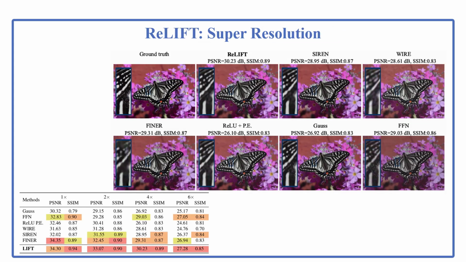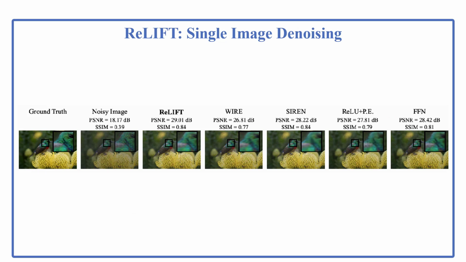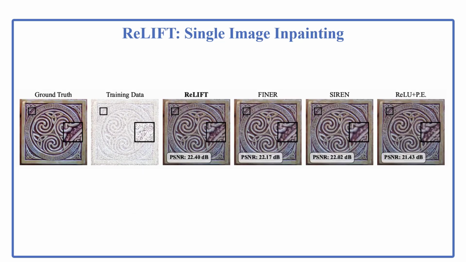We show the effectiveness of ReLIFT for the super resolution task, single image denoising, and single image inpainting. The most important thing about ReLIFT is that you don't need any extra parameters. Without any computational overhead, you can increase the performance of SIREN to beat all of the SOTA methods that exist in the literature.